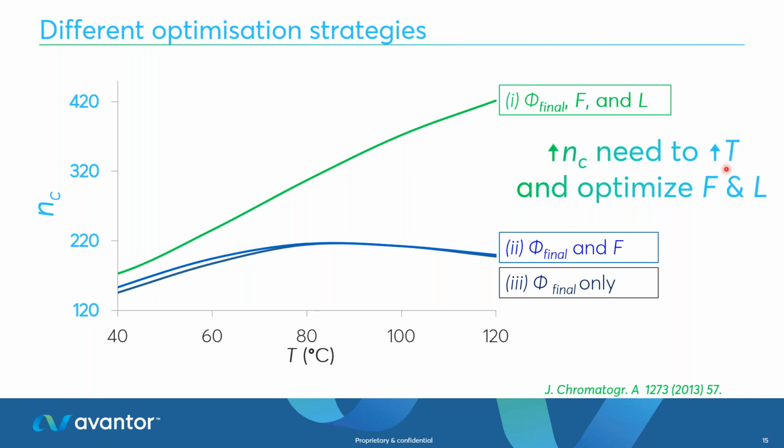And I do want to emphasize, please move out of your comfort zone, because when you increase that temperature, you can clearly see for all these 3 case scenarios, you're going to increase that peak capacity. Also, again, I mentioned it previously, when you increase that temperature, you are going to decrease the viscosity effects with your liquid chromatography separation.